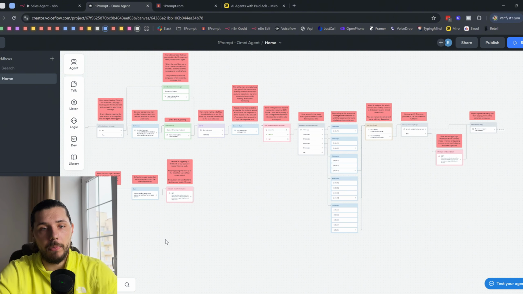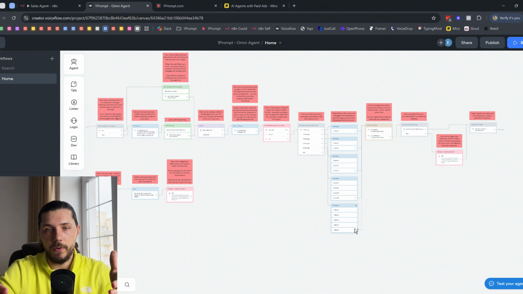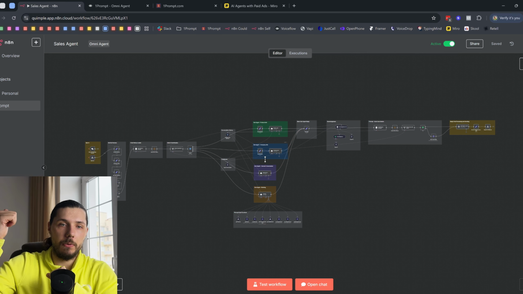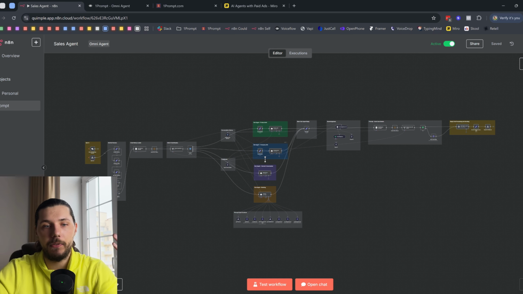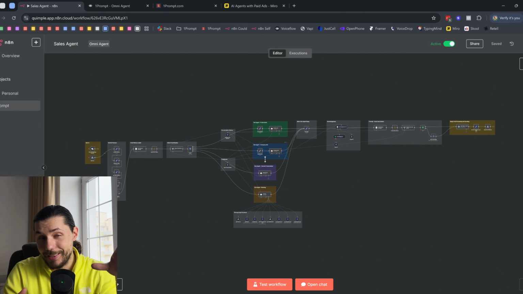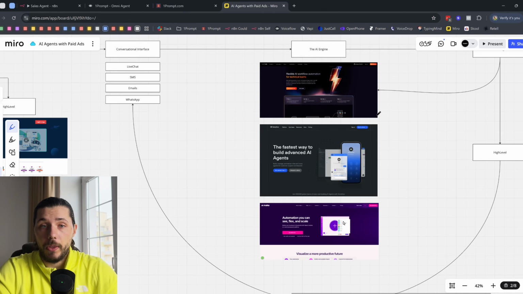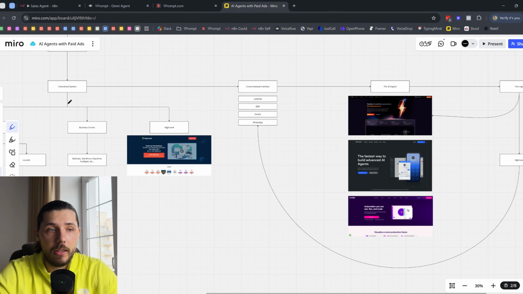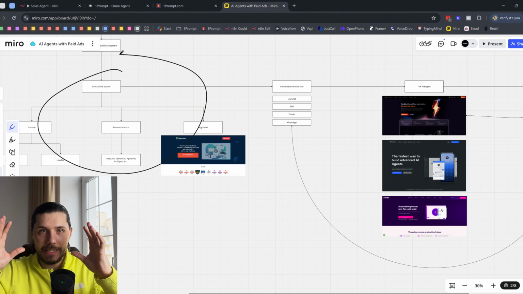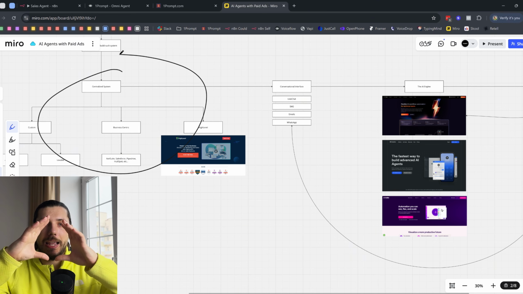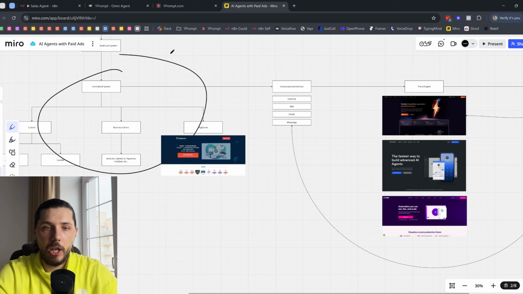So this is, for example, a templated version of our engine on Voiceflow. And this N8N agent, which I was recording the video about last week, has the same exact functionality, but it's a bit deeper and has a few more functions because of the way N8N can be structured. So once we have the centralized system, think about the dashboard, the pipeline, and all the logic, all the connections.